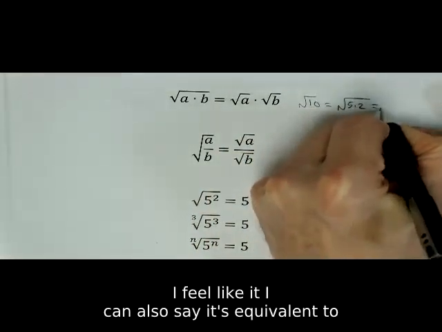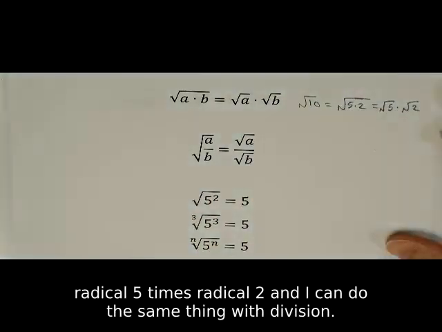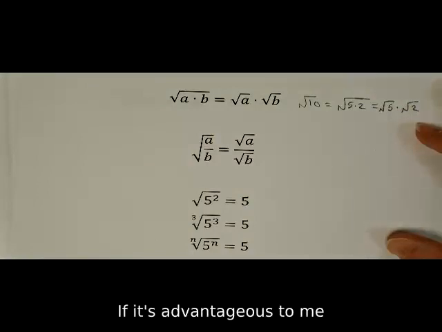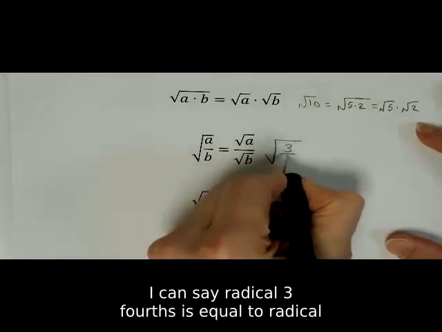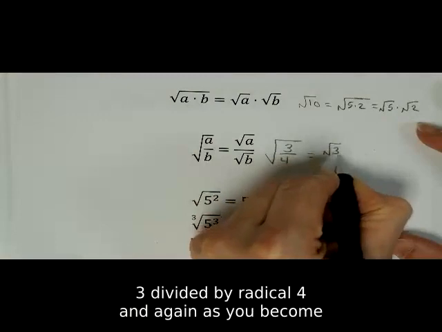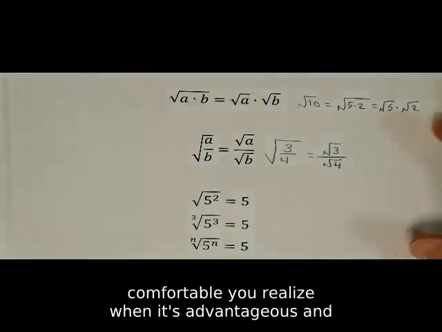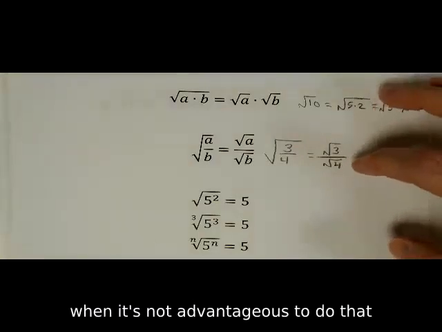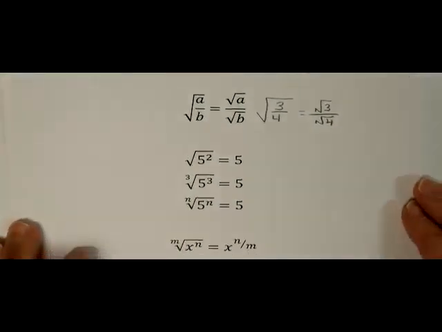And if I feel like it, I can also say it's equivalent to radical 5 times radical 2. I can do the same thing with division. If it's advantageous, I can say radical 3/4 is equal to radical 3 divided by radical 4. As you become comfortable, you realize when it's advantageous and when it's not, and you can go back and forth.